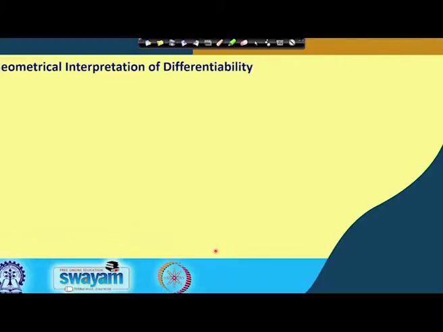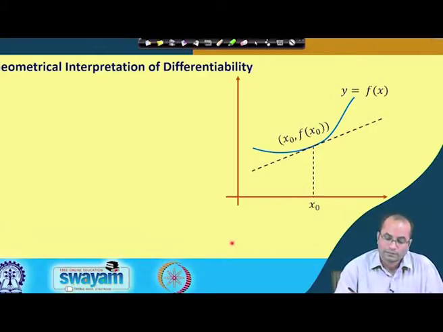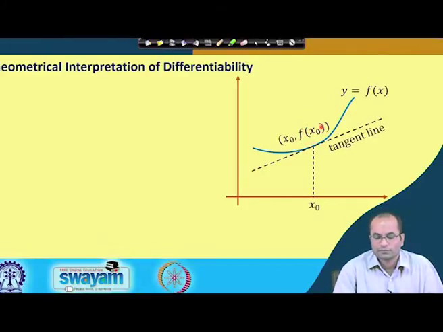So, the geometrical interpretation of differentiability. What we have seen in the case of a function of a single variable is that at this point x 0, the value of the function is f of x 0. This is the tangent line.